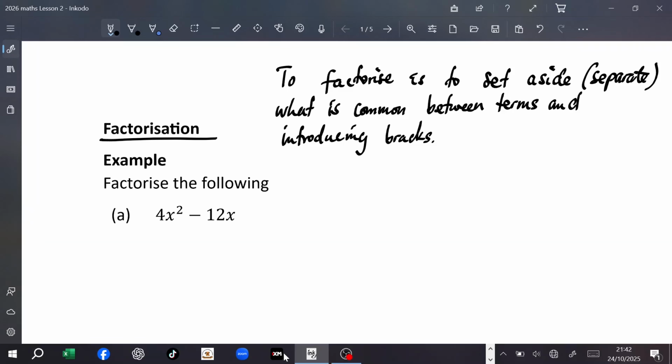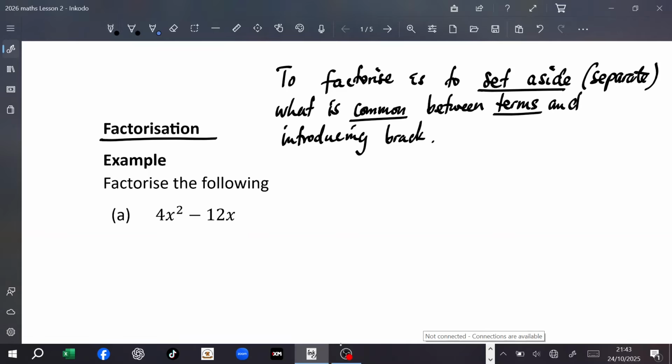So wherever you are doing a factorization, you are just trying to separate or set aside what is common between terms. You set aside what is common and then you introduce the brackets.